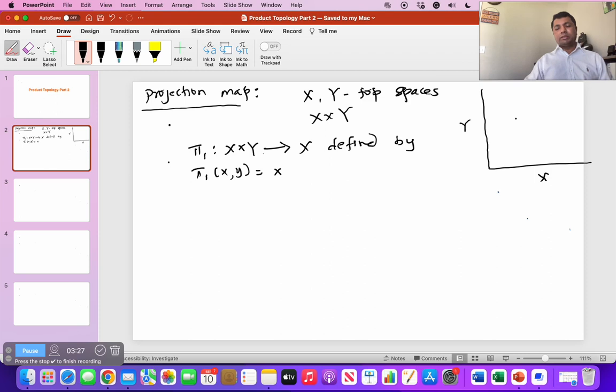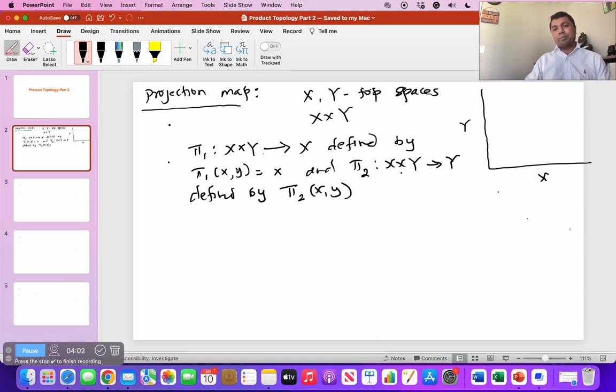Also let's consider another map from the Cartesian product of X and Y to the second set Y, and let's call that map pi 2. Pi 2 is the other map from X cross Y to the second set Y, defined by pi 2 of (x, y) equals y.